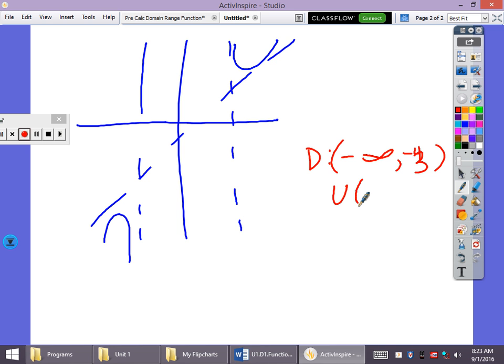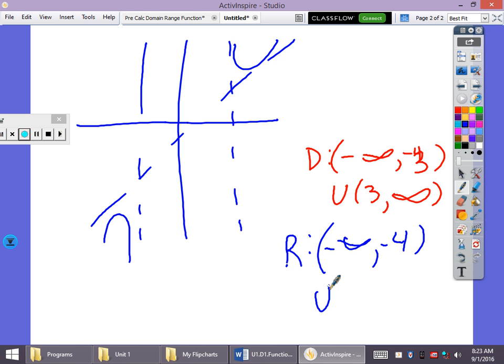Union 3 to infinity. Sorry, I did it again. I was paying attention to the range. So my range, good catch that time, is negative infinity to negative 4, union 4 to infinity. Cool?